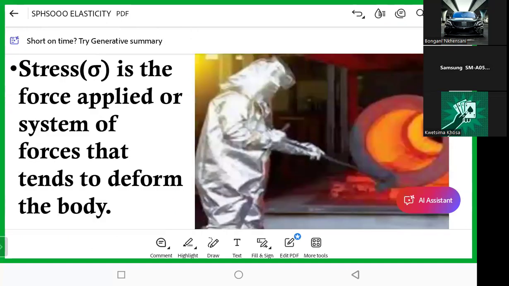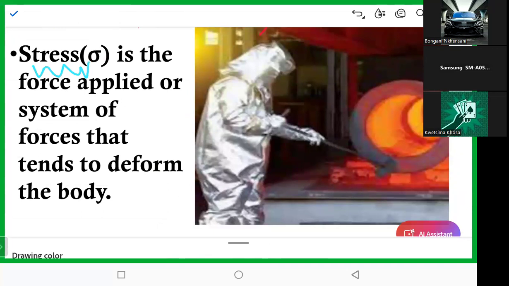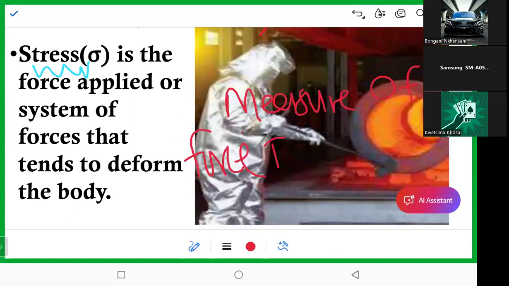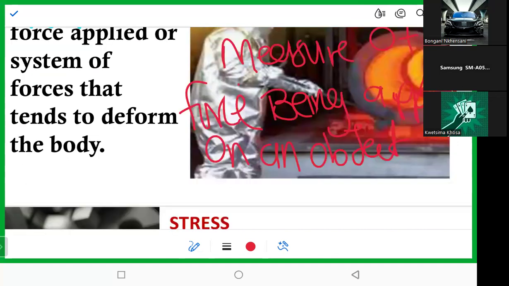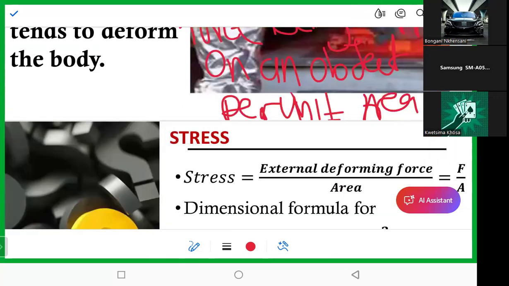So when we talk about stress, we're talking about the measure of the force being applied on an object per unit area.